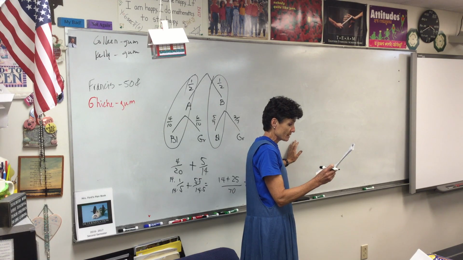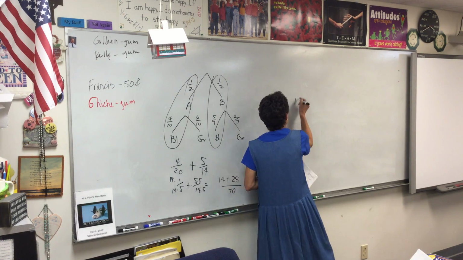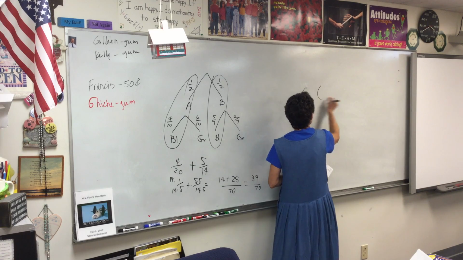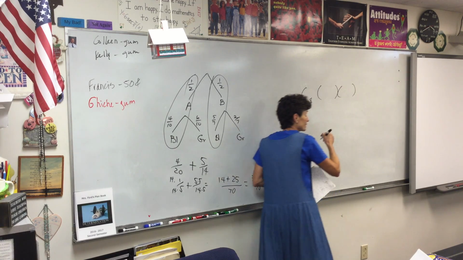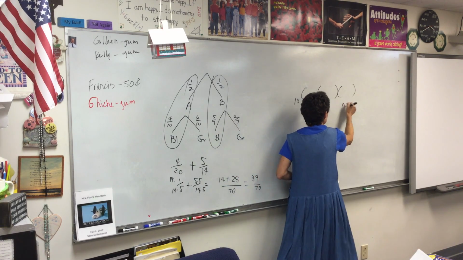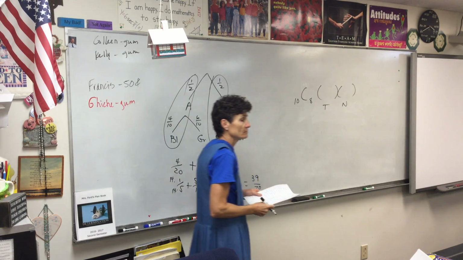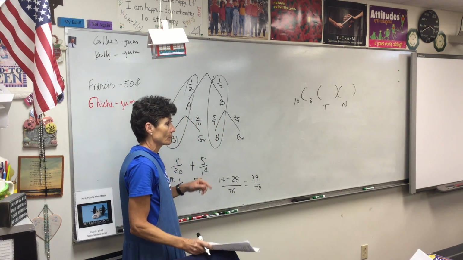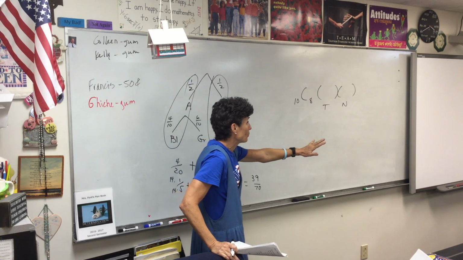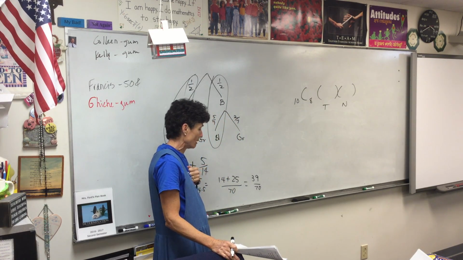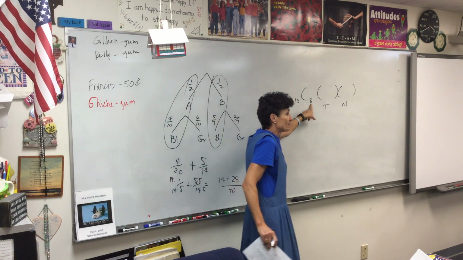We want 10C8. So our coefficient is 10C8. And then he's going to be tardy or not tardy. There are 10 days total. We're going to choose any 8 of them for him to be tardy on.